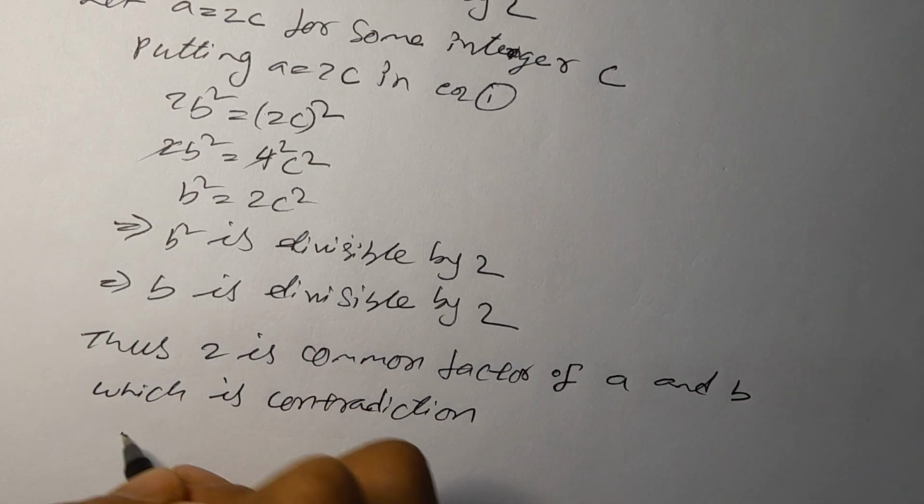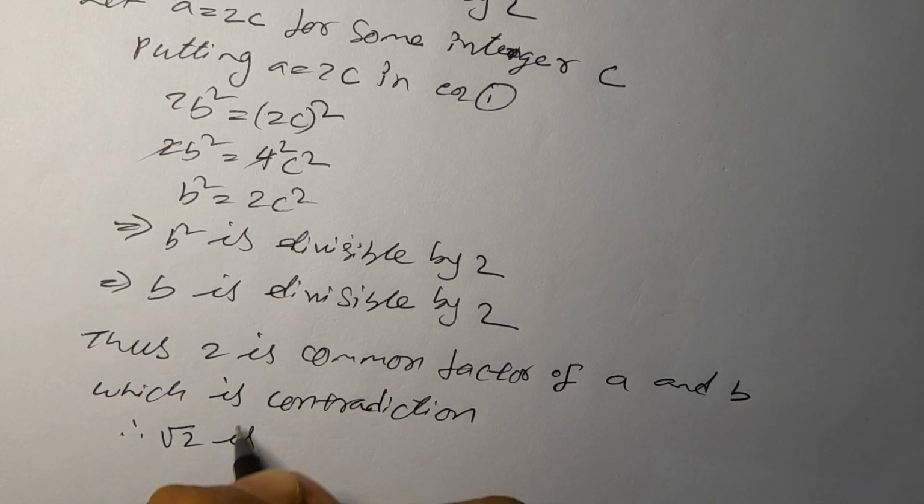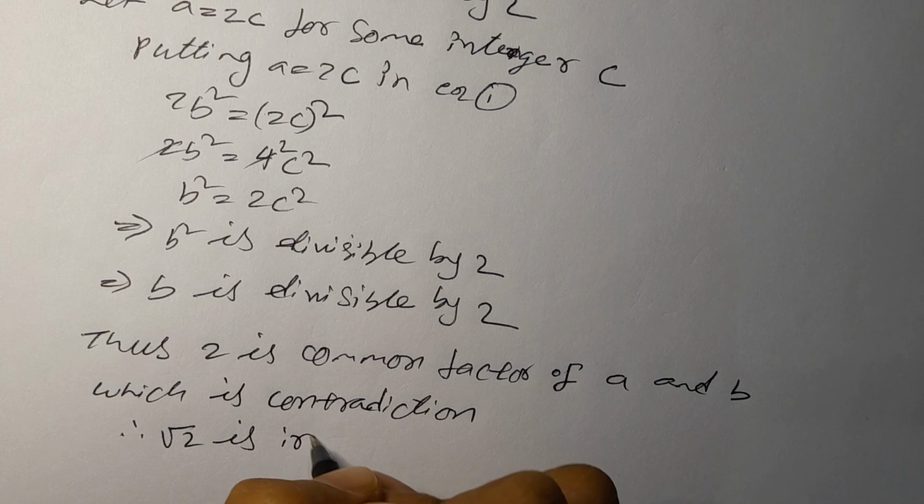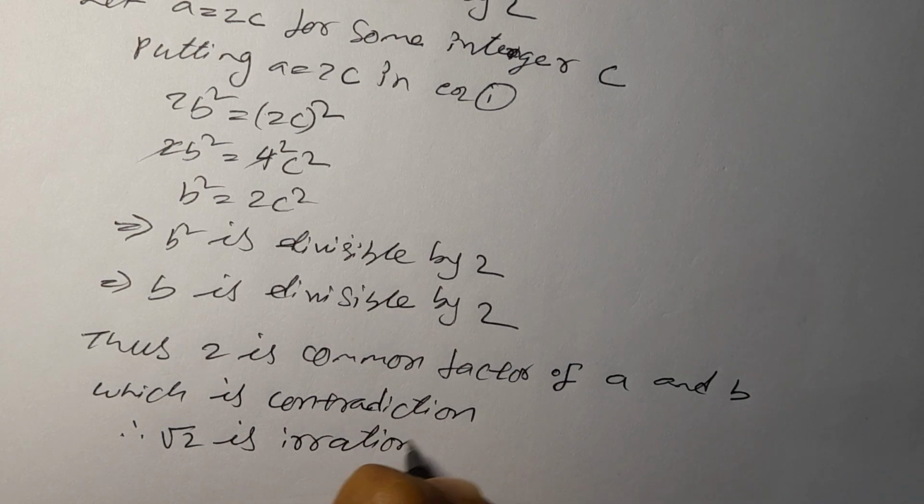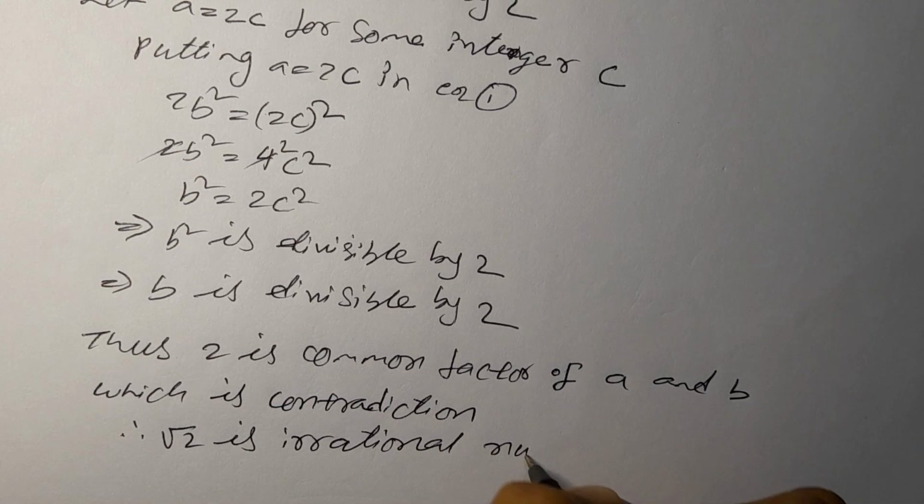Therefore, root 2 is an irrational number.